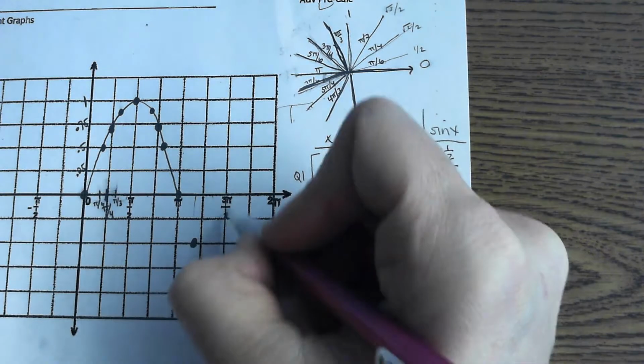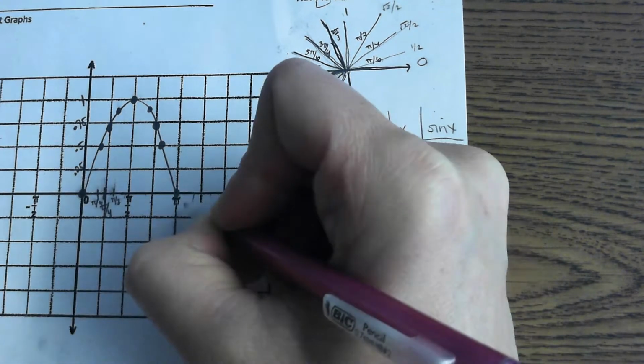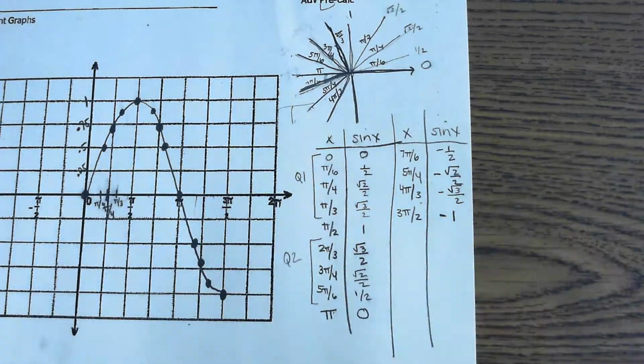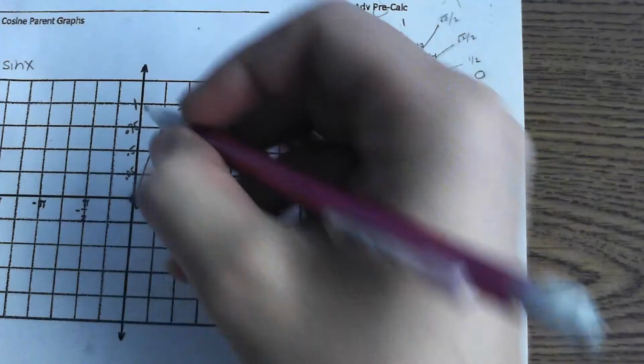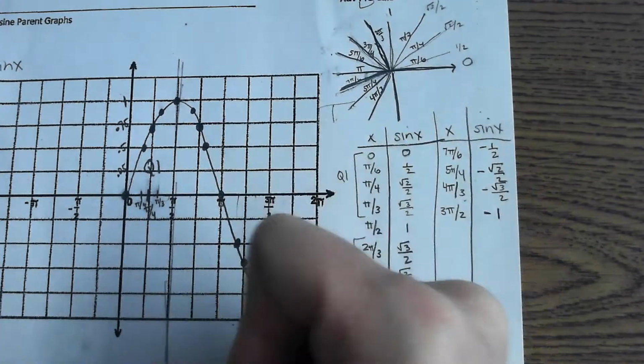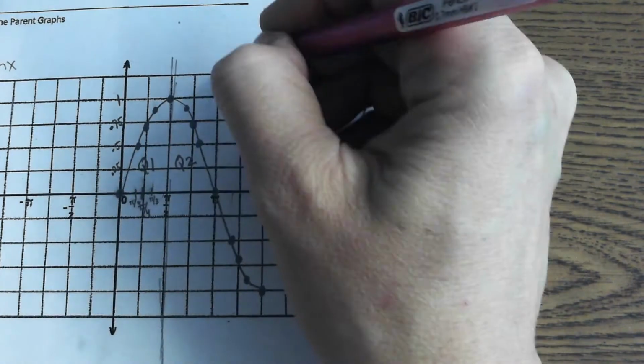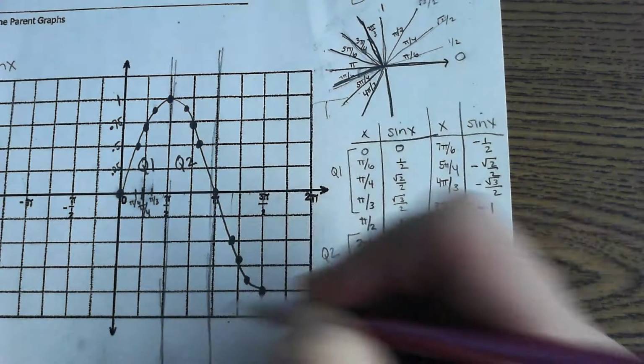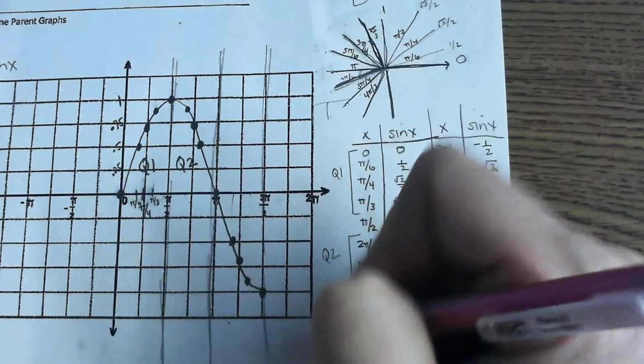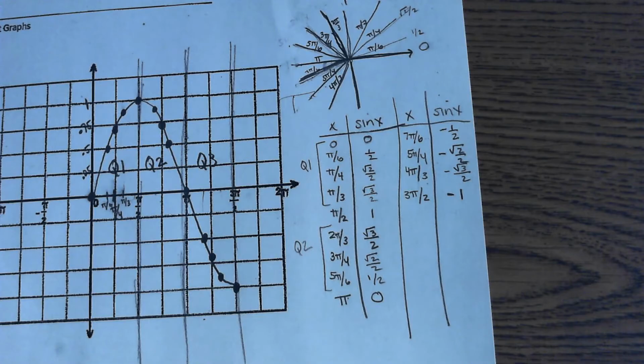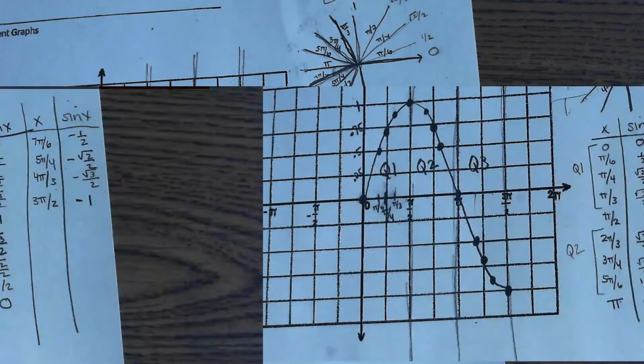And then 3 pi over 2 brings you all the way down to negative 1. So there's your Q3 section. So you have Q1, which brings you to pi over 2. You have Q2, which brings you to pi. You have Q3. And then we just have to make our way through quadrant 4.